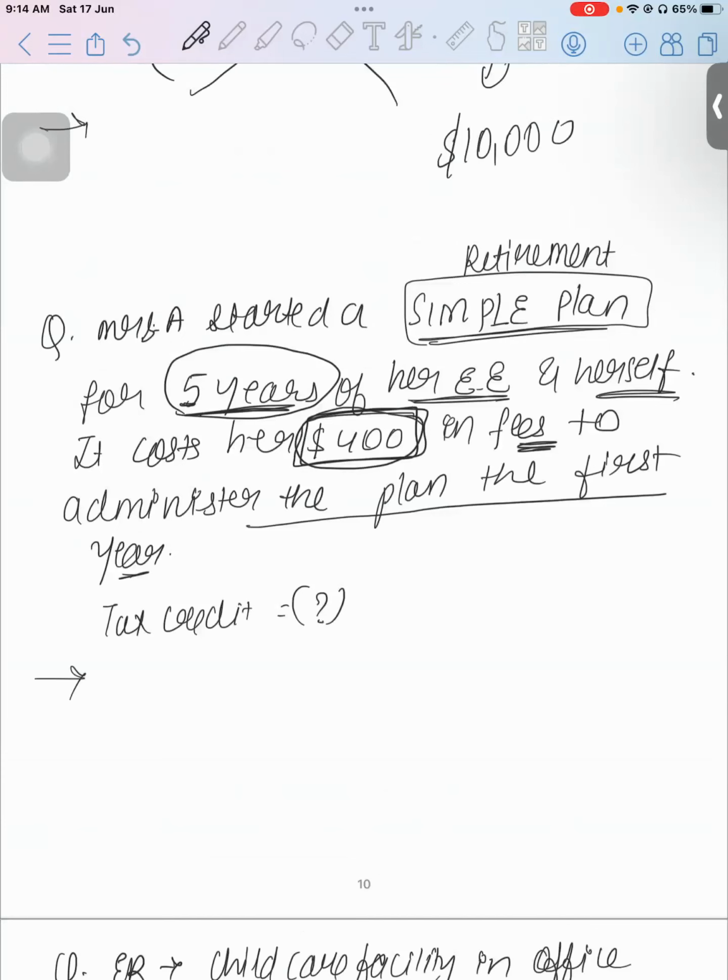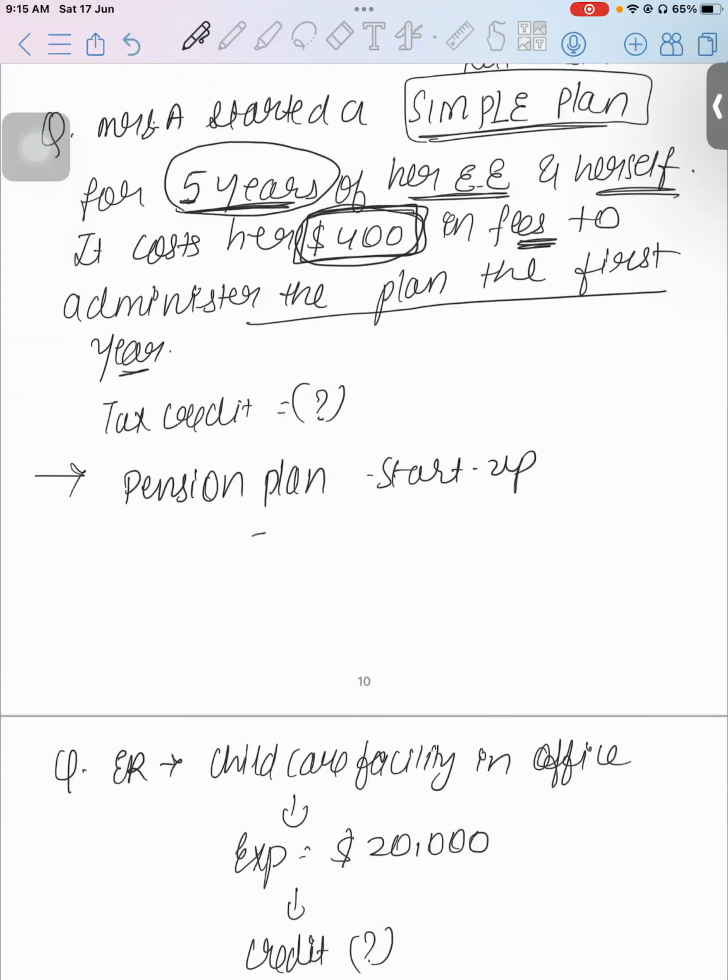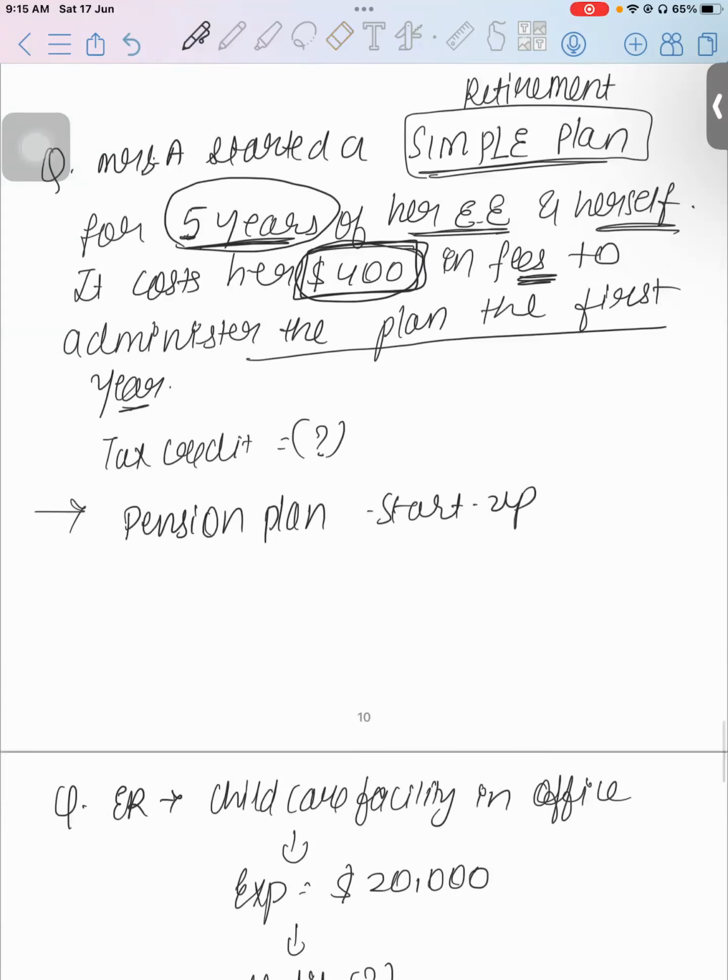It's for the pension plan. Yes, pension plan startup. And if you remember, there were three different criteria: first year, second year, third year and onwards.